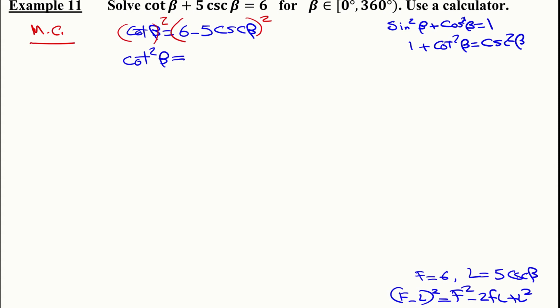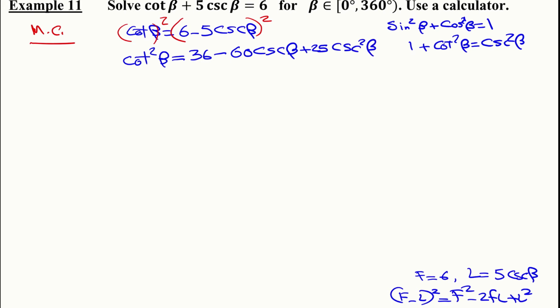So we end up with 36 minus 2 times 5 times 6, which is 60 cosecant of beta, plus 25 cosecant squared beta.